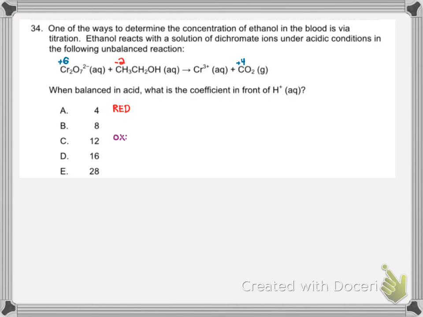So we have our Cr2O7 2- , and it's turning into Cr3+. Now for our oxidation reaction, we can see that carbon goes from -2 to +4. So carbon's going to be the star of our oxidation reaction.